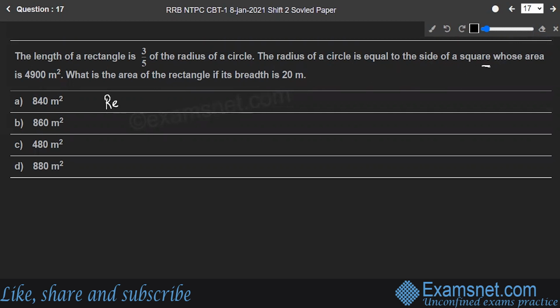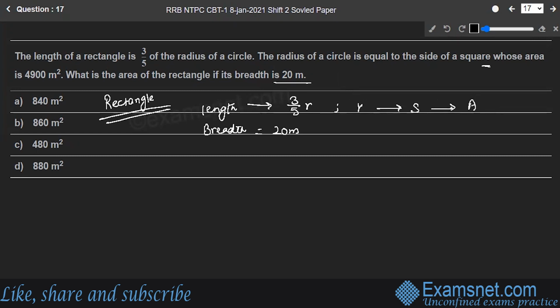So first thing, rectangle is there. Length. You're given the breadth, right? Breadth is equal to 20 meters. Length is 3/5 of the radius of the circle. Radius of the circle is equal to the side of the square, and for the side of the square, you have to go for the area of the square, which is 4,900 meter square.